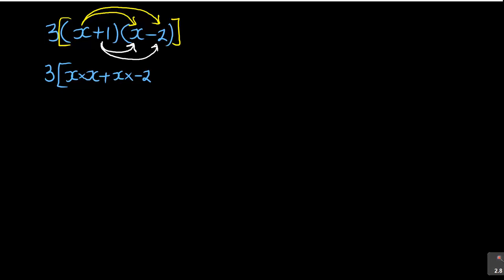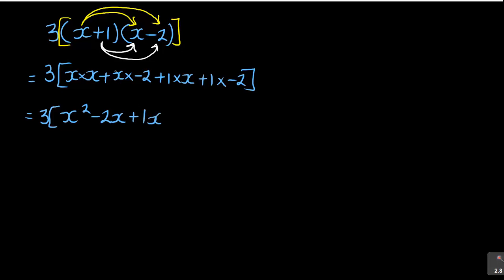So you are having plus 1 times x, and then plus 1 times negative 2. I'm doing it slowly so that you can see what's happening. The 3, leave it out for now, you'll do it later. So x times x is x squared, x times 2 is negative 2x, 1 times x is plus 1x, 1 times minus 2 is negative 2.